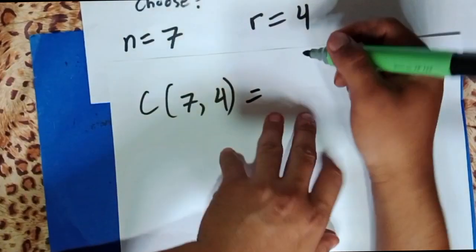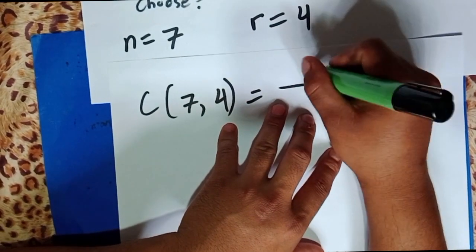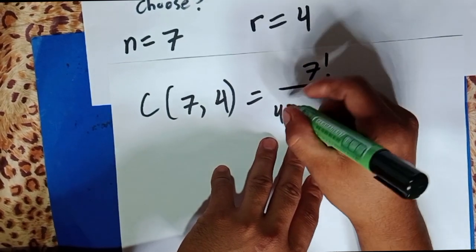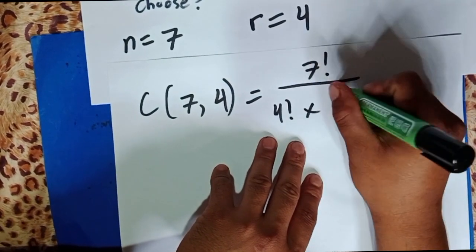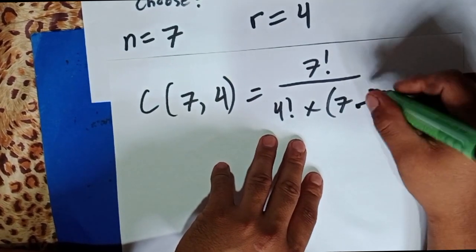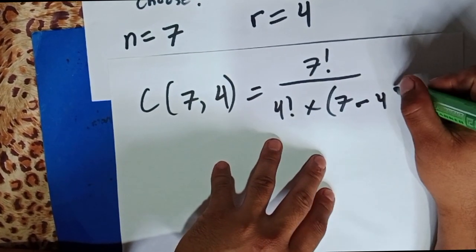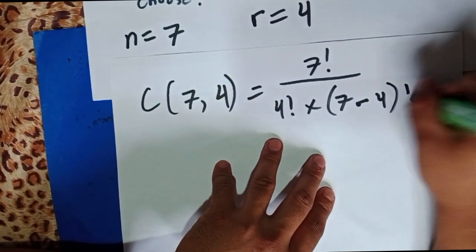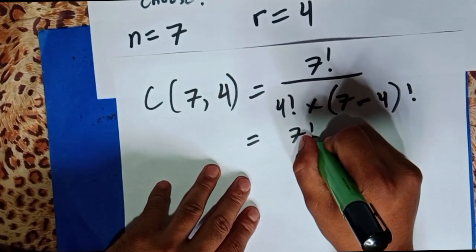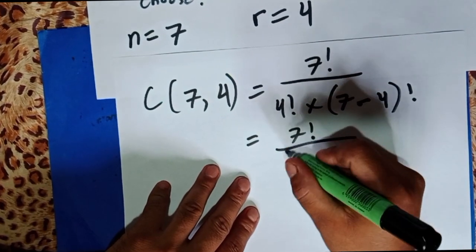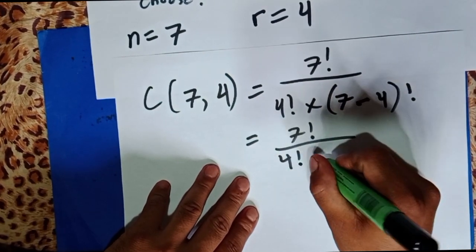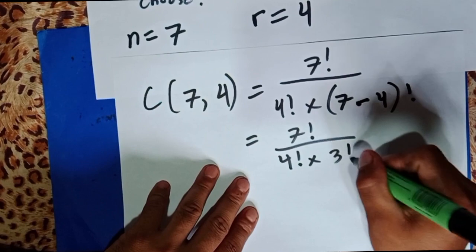So equals n factorial, which is 7 factorial, over r factorial, which is 4 factorial, times n minus r factorial, 7 minus 4, which is 3 factorial. Let's simplify. 7 factorial over 4 factorial times 3 factorial.